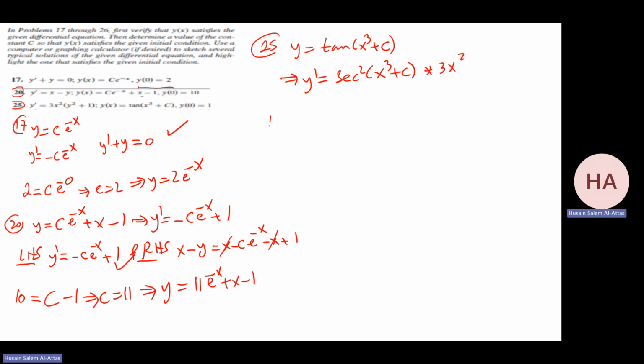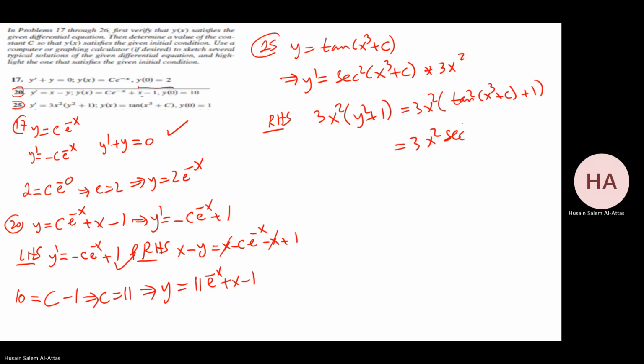Now check the right-hand side, which is 3x squared times y squared plus 1. And that will be 3x squared tan squared x cubed plus c plus 1. I know 1 plus tan squared will be secant squared, which is y prime, which is the left-hand side. So it's a solution. How to find the c?